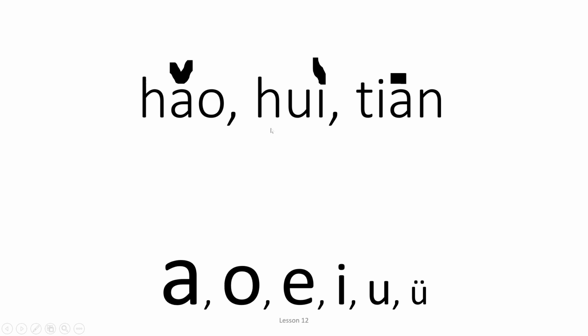In this sound, you have u and i, but i is in front of u, so you put the tone mark on top of i. 天, tian, so we have i and a. A is in front of i, so we put the tone mark on top of a.